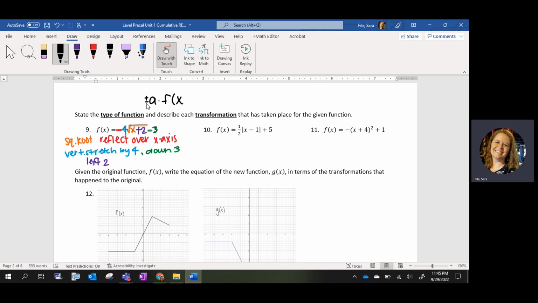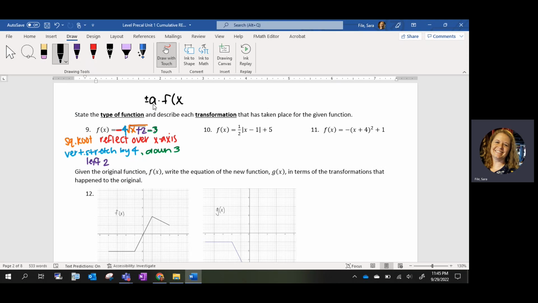If it's negative, it's a reflection over the x. And then whatever a is, that's your stretch. So if a is greater than 1, your graph is getting taller. It's vertically stretching. It's like you put your hands on top and bottom and pulled it apart. But if a is a fractional value like 1/2 or 1/3, it's between 0 and 1, you're actually compressing your graph. It's like you have your hands on top and bottom and you're squishing them together.